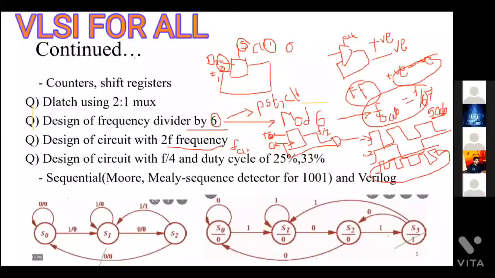In the combinational part, if you take the clock and give it a series of inverters or buffers, and use an XOR gate at the end, you can obtain this. If you give some f/4 delay to the clock and XOR it, then you will get the waveform of 2f frequency.